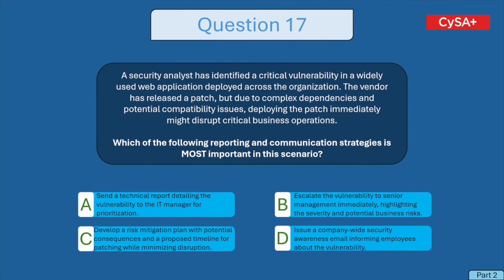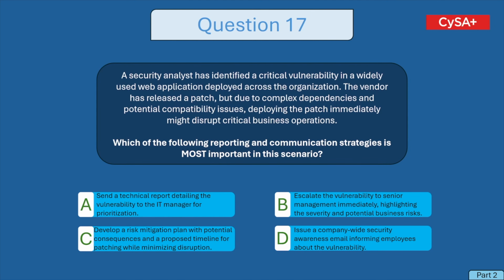A. Send a technical report detailing the vulnerability to the IT manager for prioritization. B. Escalate the vulnerability to senior management immediately, highlighting the severity and potential business risks. C. Develop a risk mitigation plan with potential consequences and a proposed timeline for patching while minimizing disruption. Or D. Issue a company-wide security awareness email informing employees about the vulnerability.